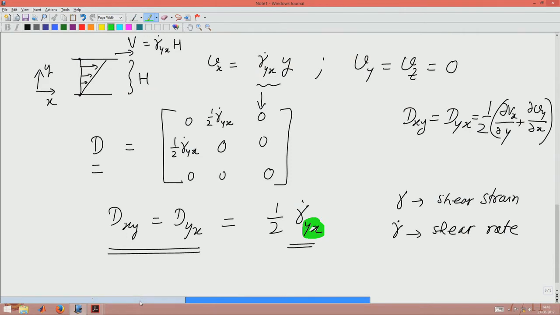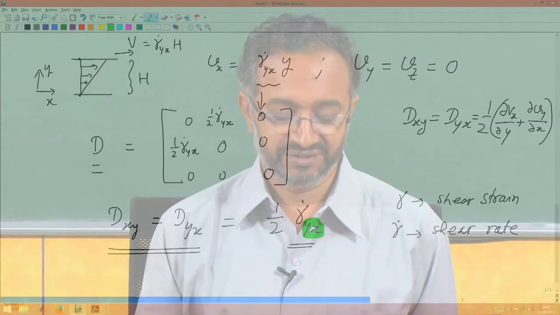3 dimensional description is necessary, especially if you recall we had talked about normal stress differences earlier, and in shear flow what you would expect for a Newtonian fluid is normal stresses to be 0, because for a Newtonian fluid the stress is proportional to d.